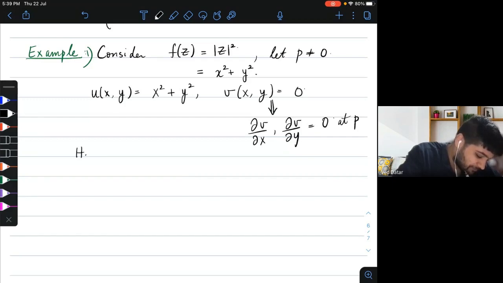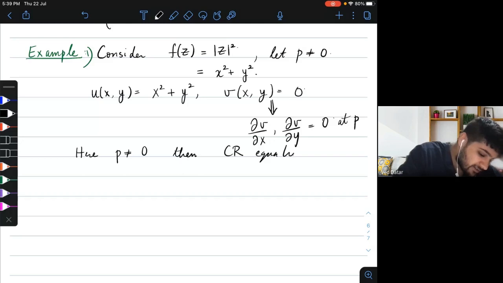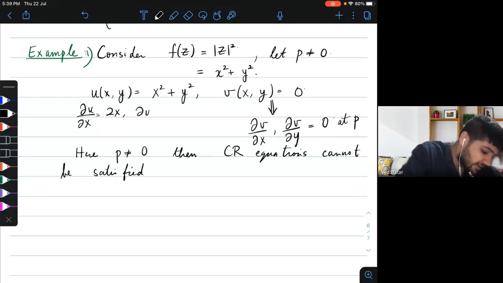So here, clearly, if P is not equal to 0, then the CR equations cannot be satisfied. Because what is del u by del x? Del u by del x is 2x, del u by del y is 2y.